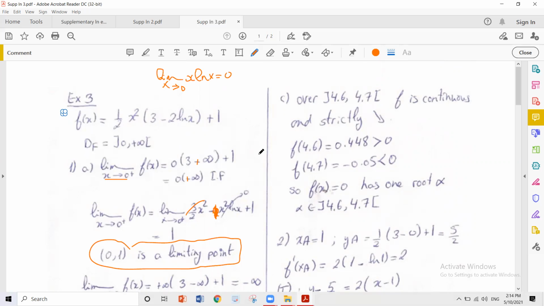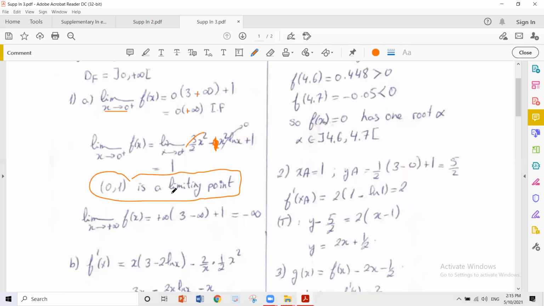A limiting point is a point not included in the curve. We don't have an oblique asymptote or vertical or horizontal. We call it a limiting point. So limit as x tends to 0 gave us 0 times 3 plus infinity. 0 times infinity is indeterminate. We change the form, we expand. Then we replace x by 0. We get 1.